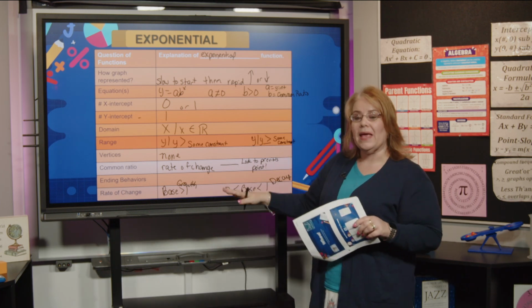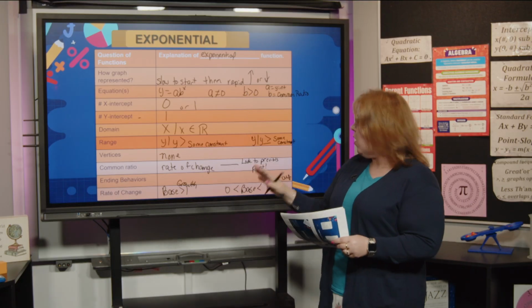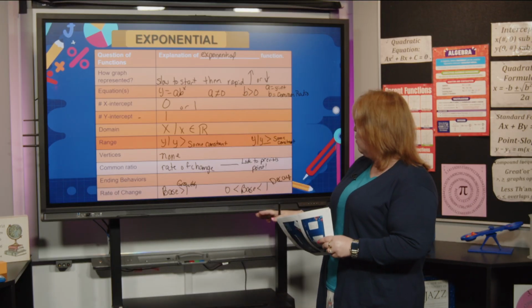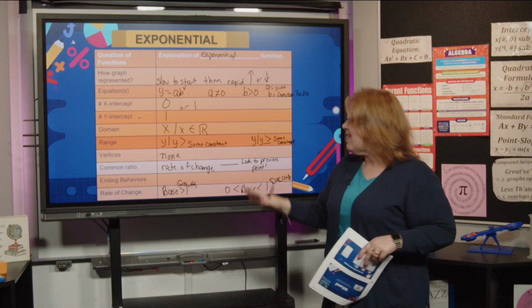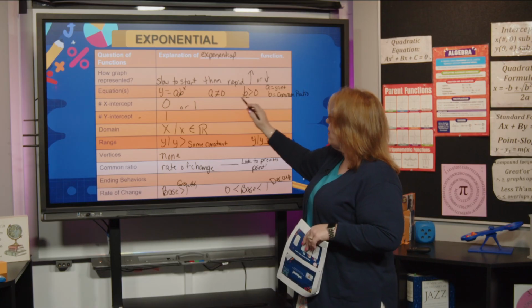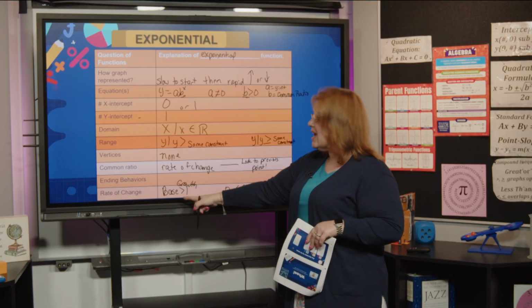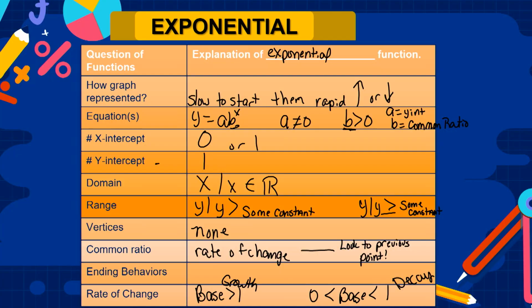When we said that our B, our base, is greater than 1, we had some type of growth. Or when our base, which is our B, was between 0 and 1, which is a fraction or a decimal, we had a decay. That's what this is meaning, the base. So we see it as B up here and B over here, but it's actually base, all right? So now let's go back to the rate of change.